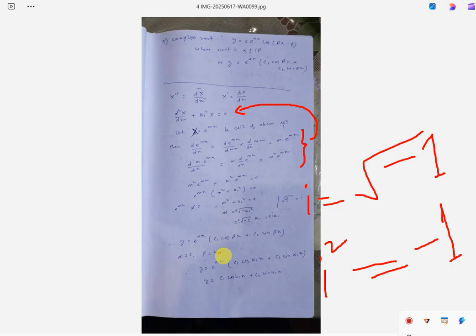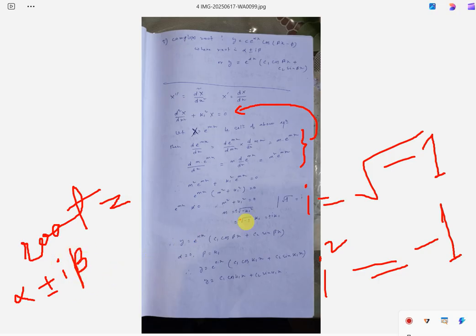Now when alpha is equal to 0 and beta is equal to k1, because in this equation we have assumed that the complex root is alpha plus minus i beta.